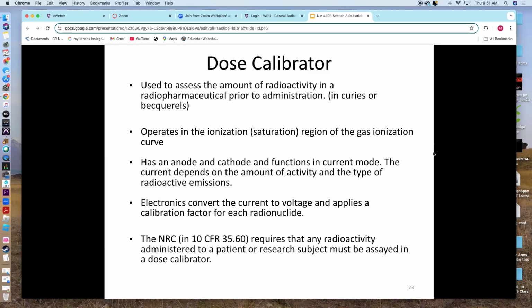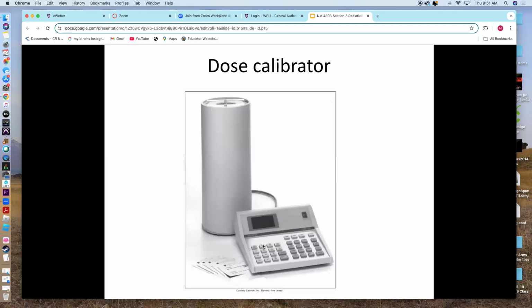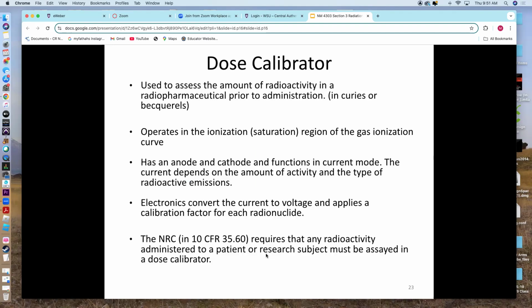When the dose calibrator is first set up, it's going to ask you what types of radioactivity you're using. That's why you have all the different buttons on your dose calibrator, right? All these buttons are to say which types of nuclides you're going to use. For each of those nuclides, there is a factor applied to the current that is seen.